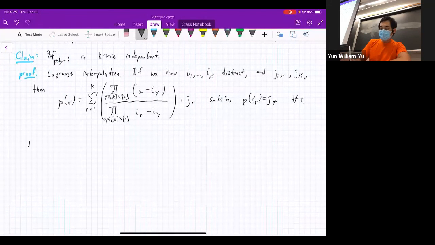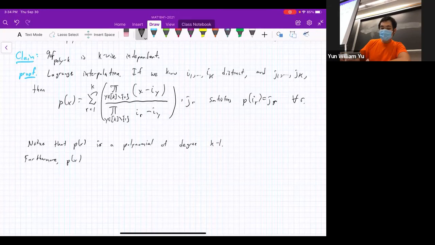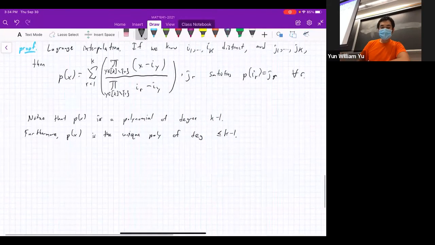Okay, and notice, of course, that P of X is a polynomial of degree K minus 1. Furthermore, P of X is the unique polynomial of degree less than or equal to K minus 1 where this is true: P of IR is equal to JR for all R. Do you guys buy the uniqueness, or do I need to prove that?